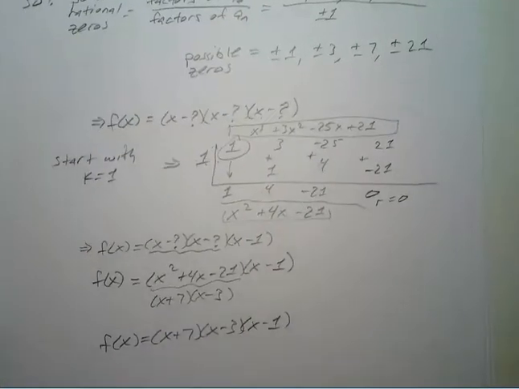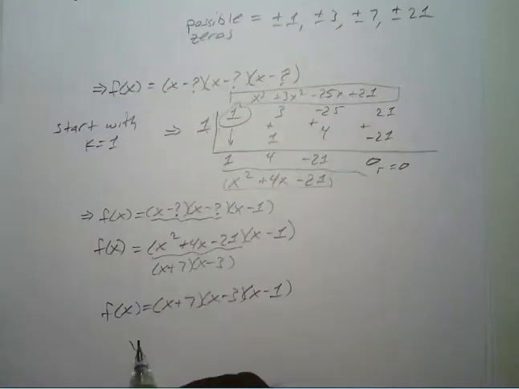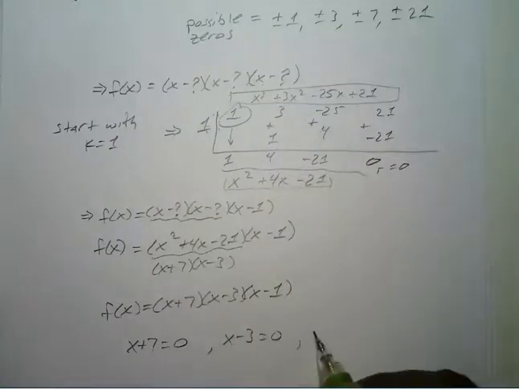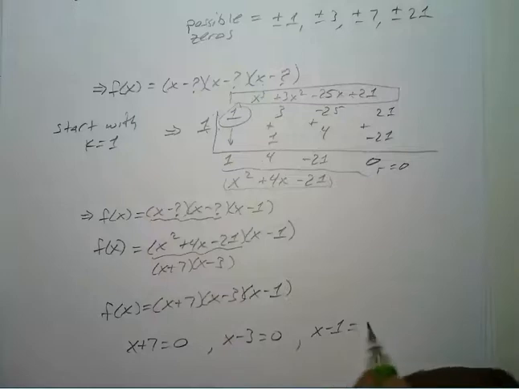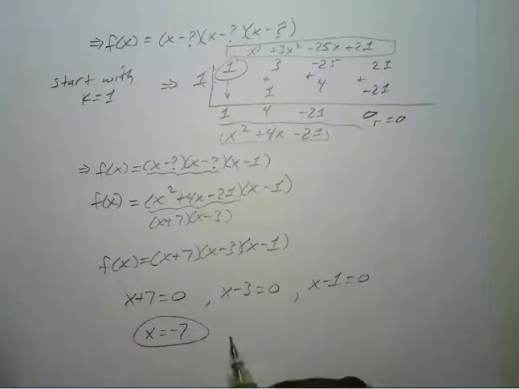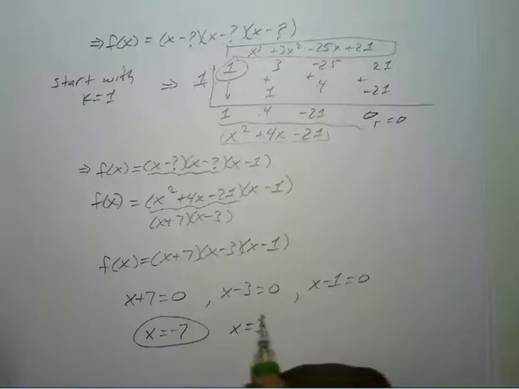Now we can find our zeros. We just say x plus 7 equals 0, x minus 3 equals 0, and x minus 1 equals 0. Subtract 7 from both sides, x equals negative 7. Add 3 to both sides, x equals 3.